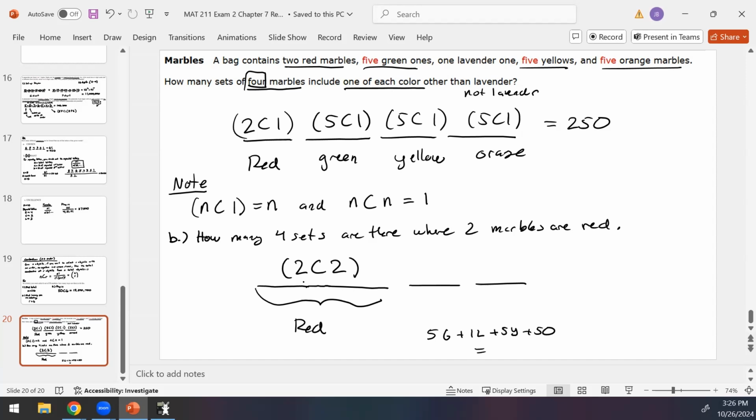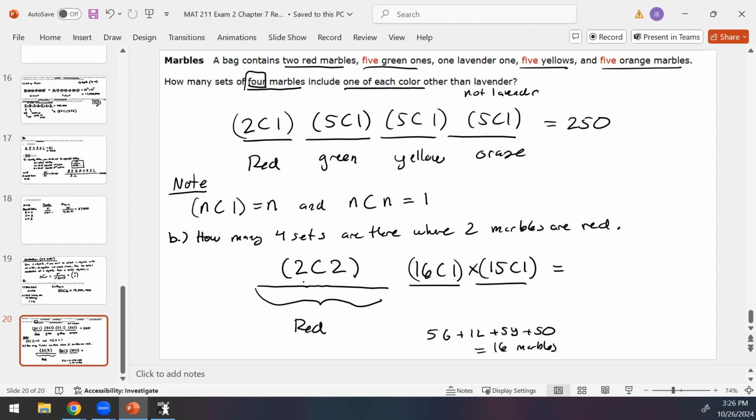And that's going to be equal to 5, 6, 16 marbles that are not red. And so I have 16 and I have to choose one of them. And then once I pick one marble, I have to pick another one. So then 15 choose 1, like that. Okay. And there it is.